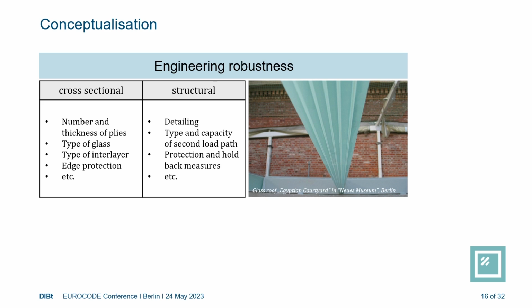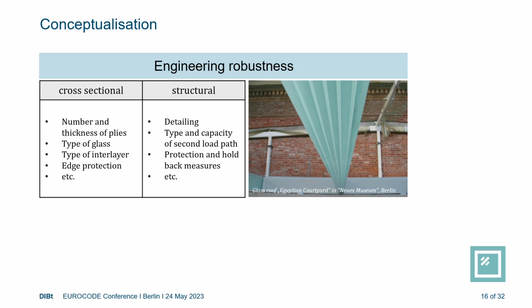Engineering robustness, you can imagine, is if you build up a cross section with different glass plies, and in between you put some plastic layers, then you are creating a quasi-ductility, and that creates robustness.